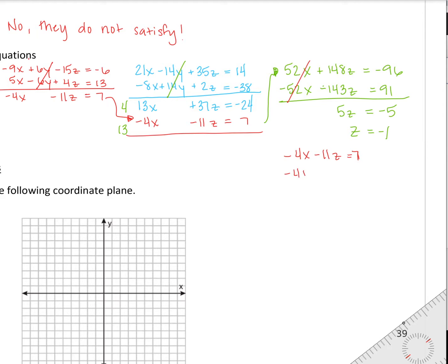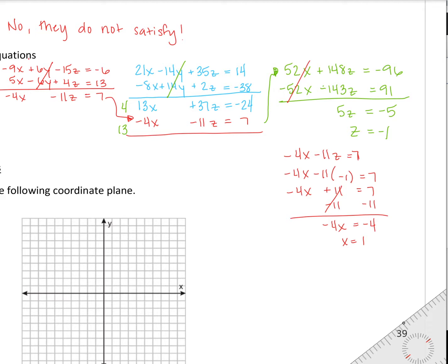So -4x minus 11 times -1 equals 7. -4x plus 11 equals 7. Move the 11. -4x equals -4. So x must be a positive 1.